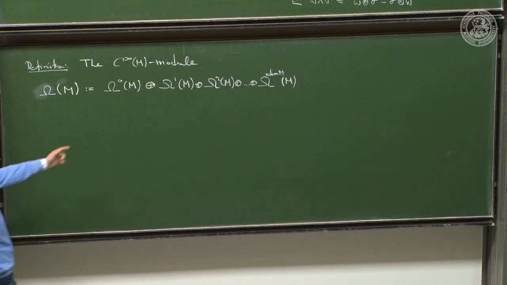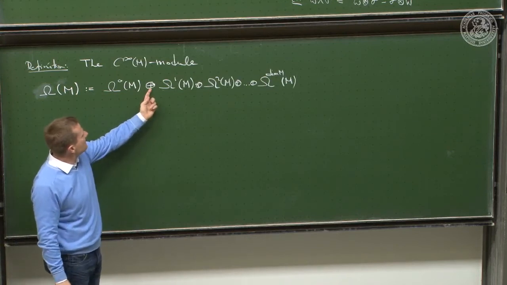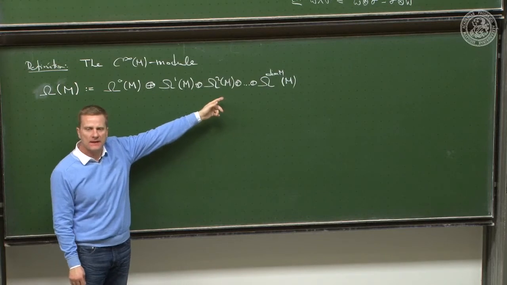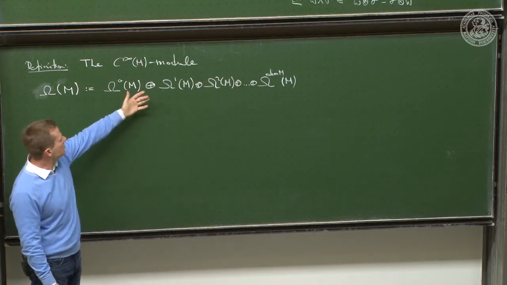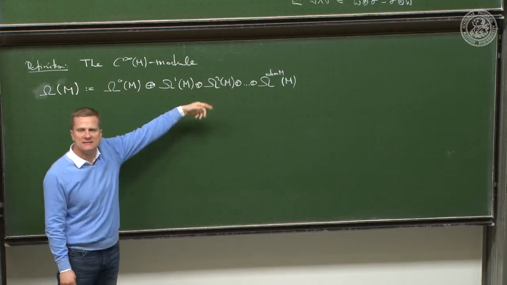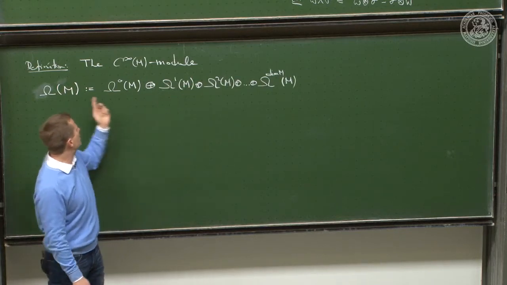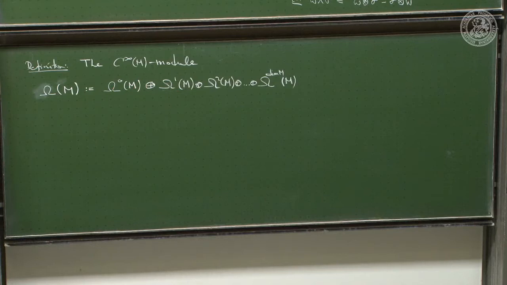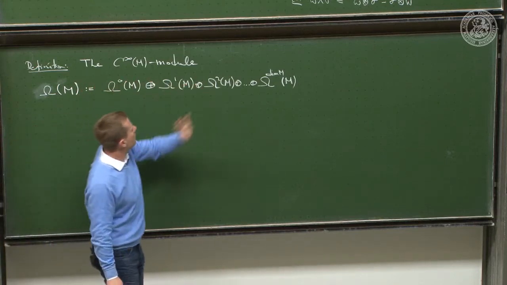I remind you that this sign simply means as a set, this is the Cartesian product, but then you equip this Cartesian product with a component-wise addition, and that's why I could immediately write here the C infinity M module, because this is a direct sum of modules.